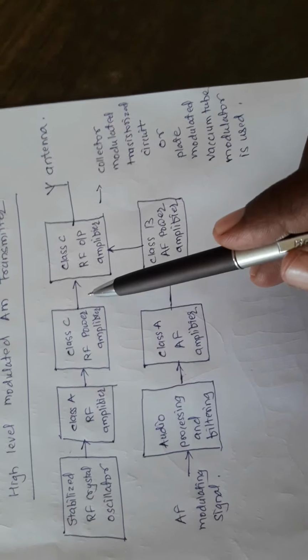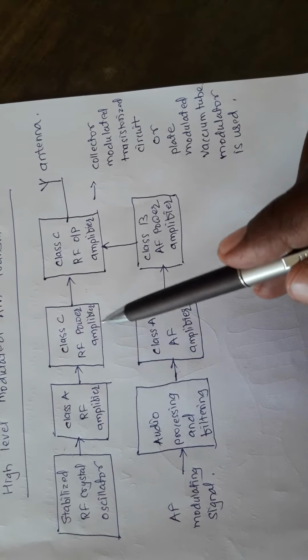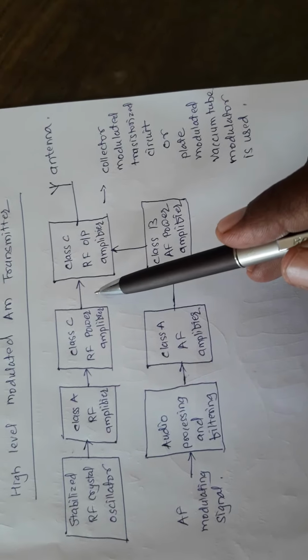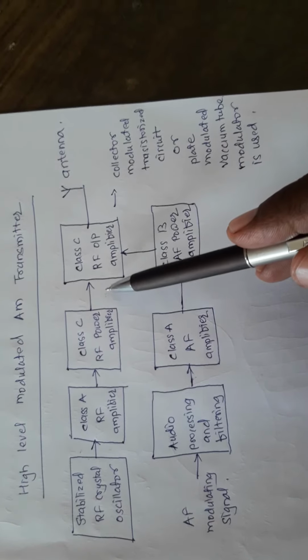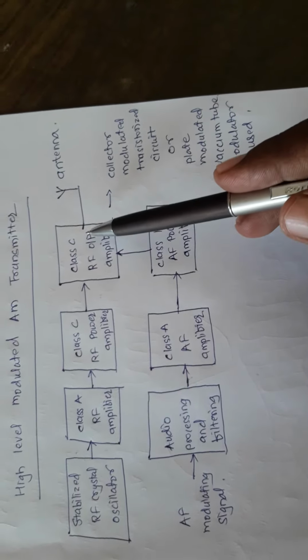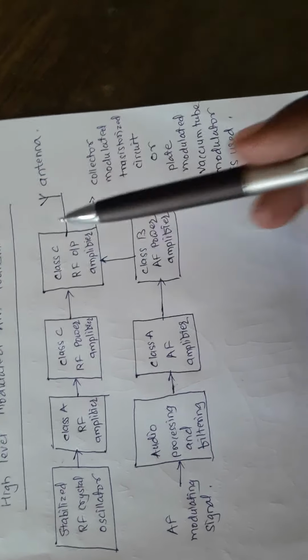So at the output of the class C RF power amplifier, we have carrier power of a very high level, which is given to the class C RF output amplifier, in which the amplitude modulation actually takes place.